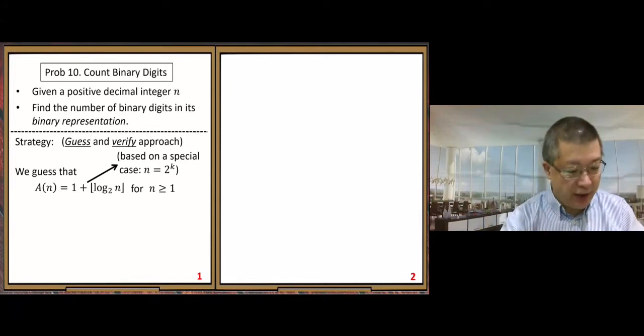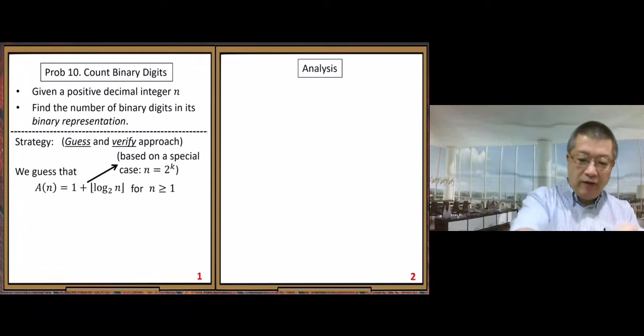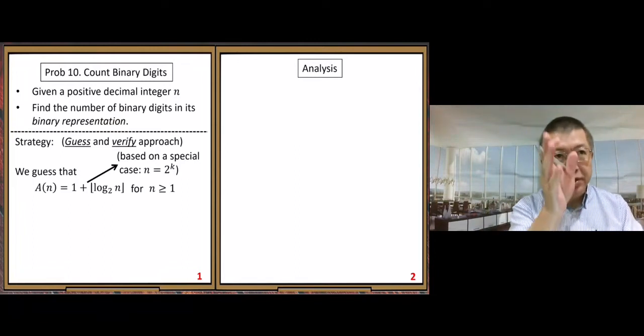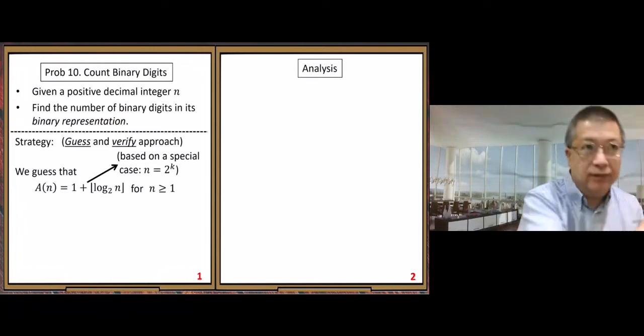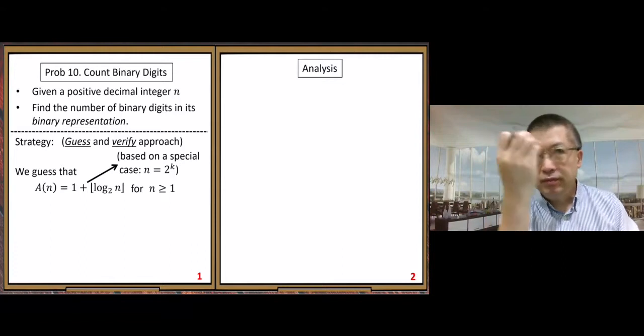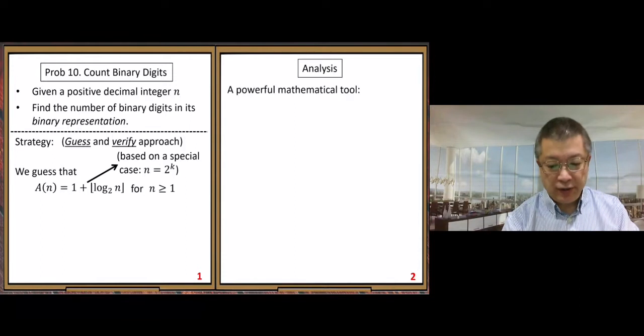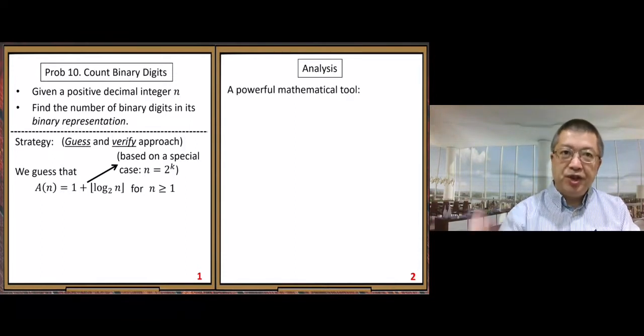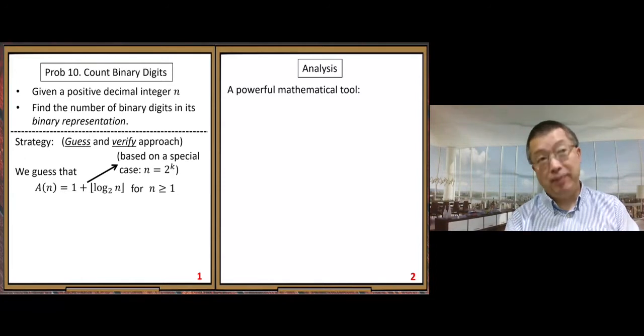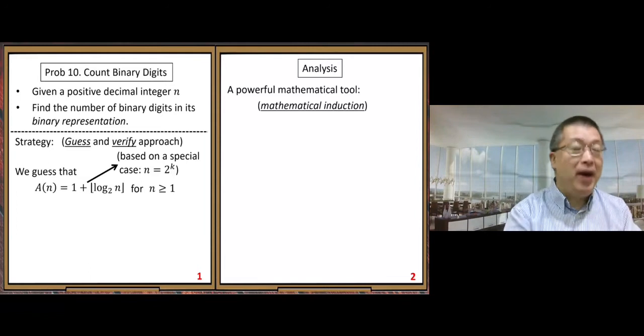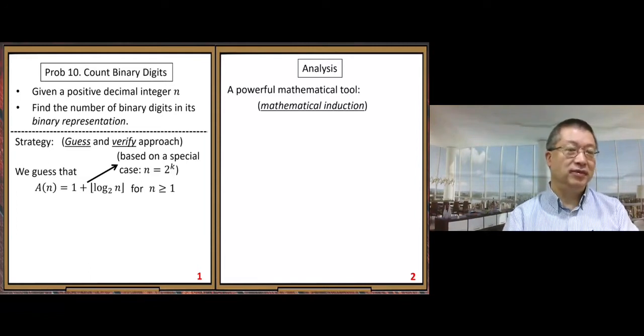That's the verification step, the big part of the work here. We use a powerful mathematical tool: mathematical induction. I think you know it, at least you have heard of it.